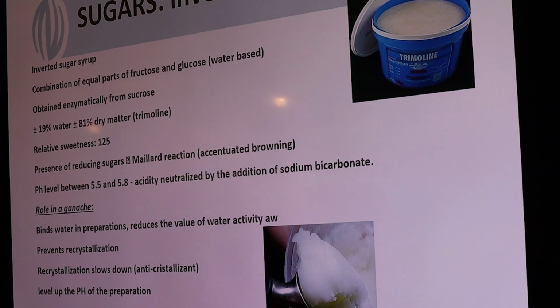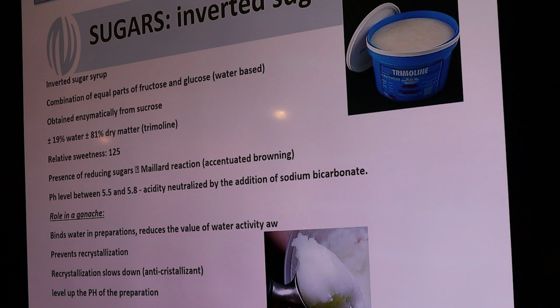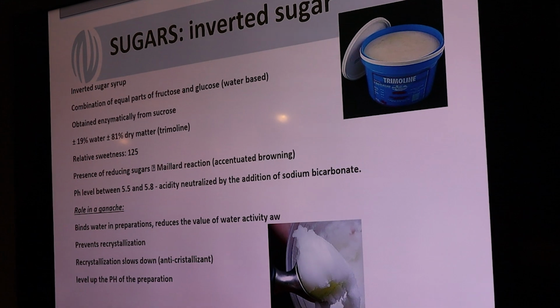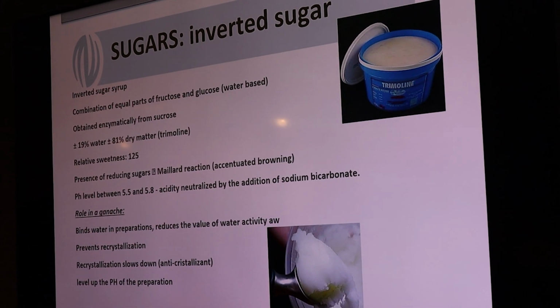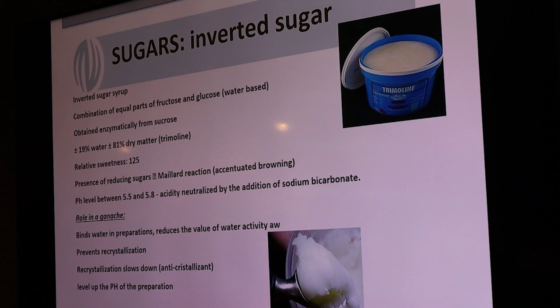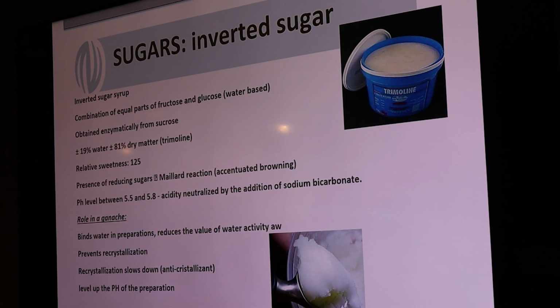Most confectioners work with tremolin. Tremolin is an inverted sugar paste. It's easier to work with because it's a paste, and it's easier to rescale.